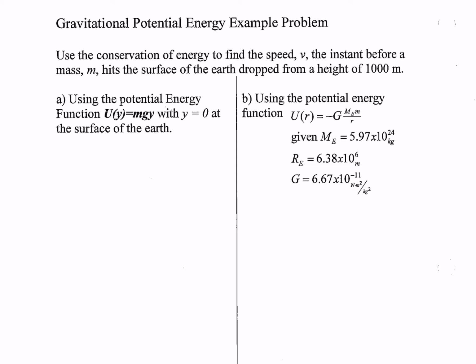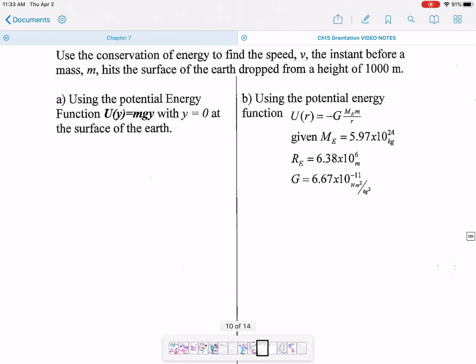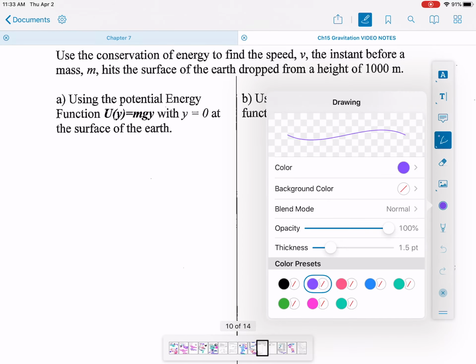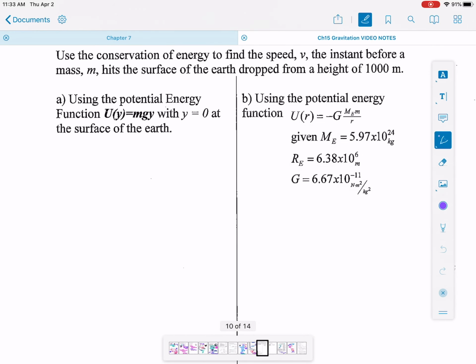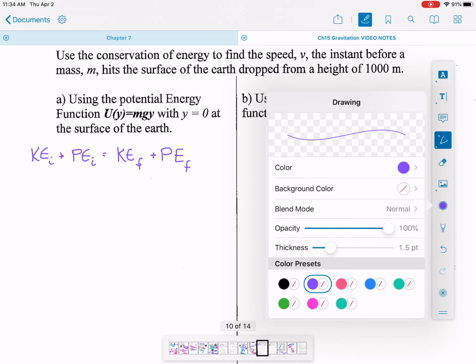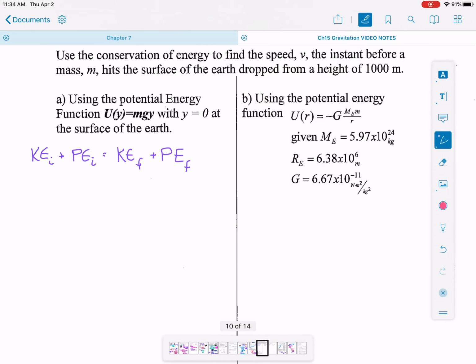So on the left, we're going to use our old potential energy function, and we can say, all right, our kinetic initial plus potential initial is going to equal kinetic final plus potential final. And we can simplify this a little bit because we know that we are starting from rest, so there's no initial kinetic energy.